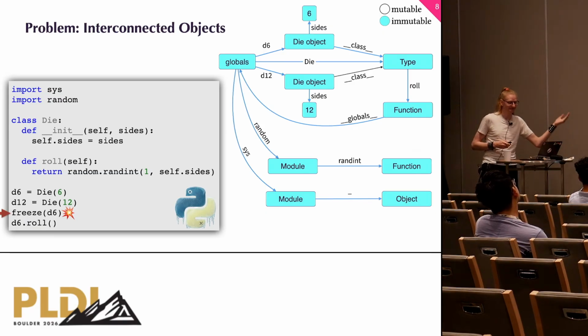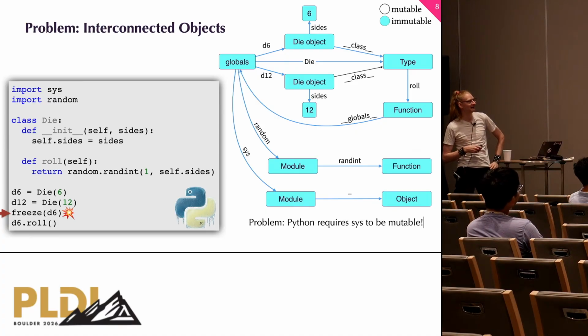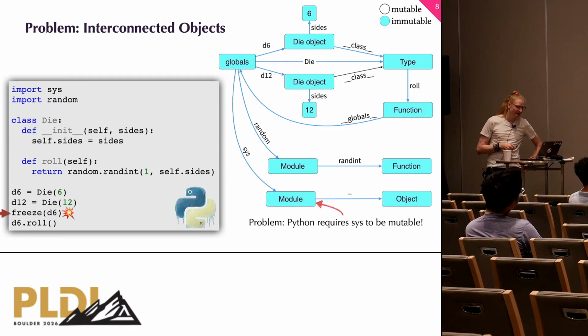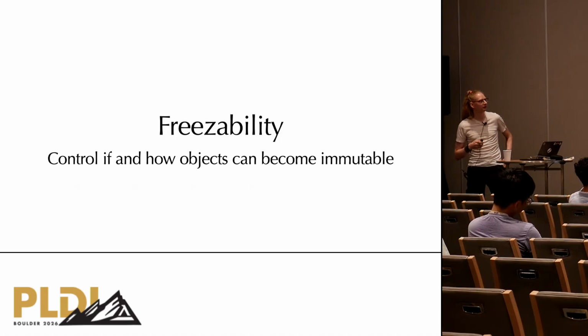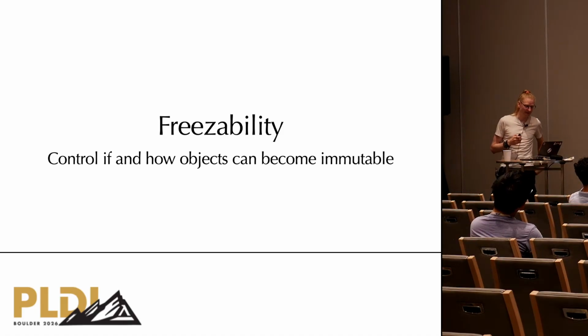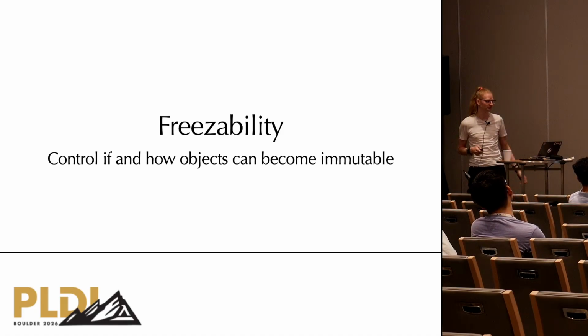Why is this? Well, it turns out that Python, at least the REPL, requires the sys module to be mutable, because whenever you execute something in the REPL, it assigns to the underscore value in the sys module. This is not great. So this brings us to one of the generalizable concepts, and that is freezability. Basically, we needed a way to control if and how objects can become immutable.